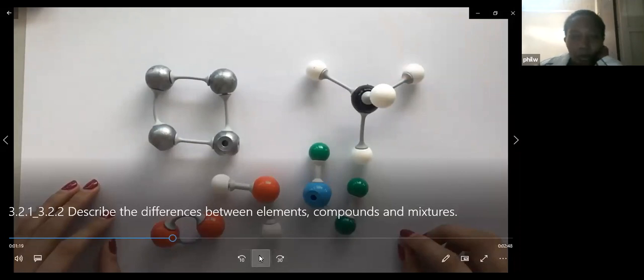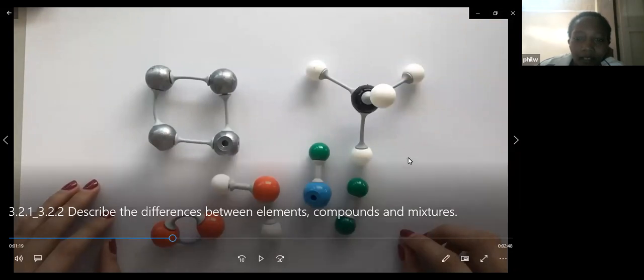Now, let me pause there. In this video, we have different models. We have this one. You can see that they are made of the same color of beads. This one has two different types. This is white, this is black. This is white, white, and black.